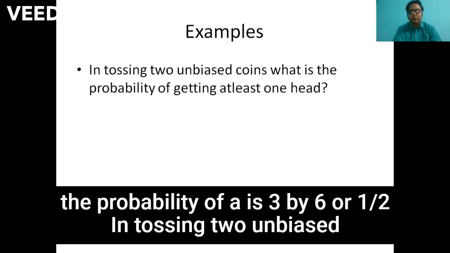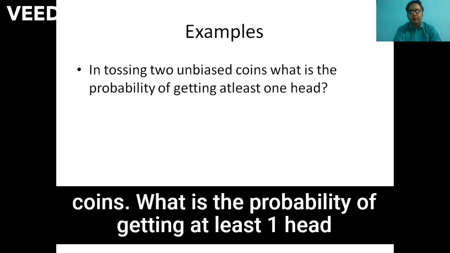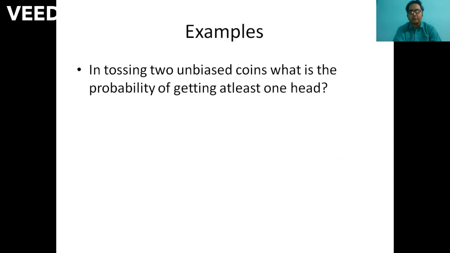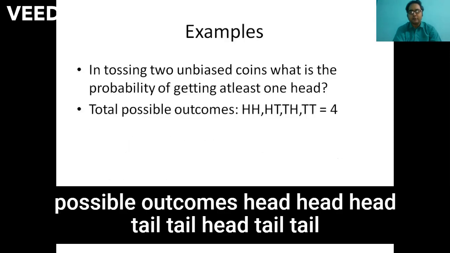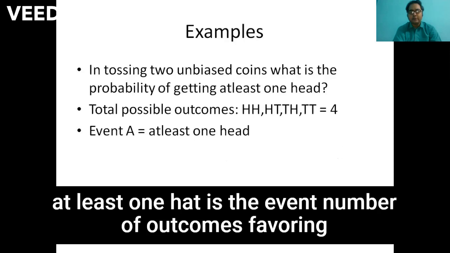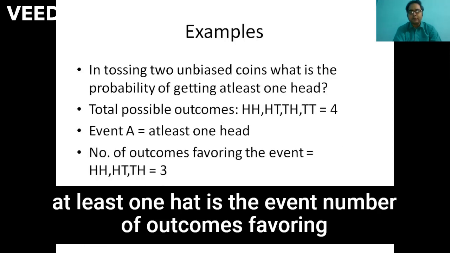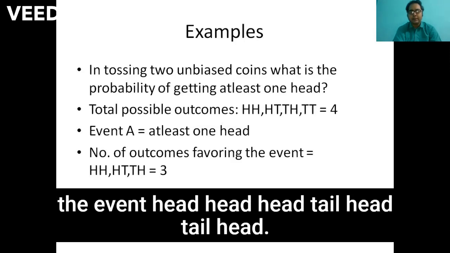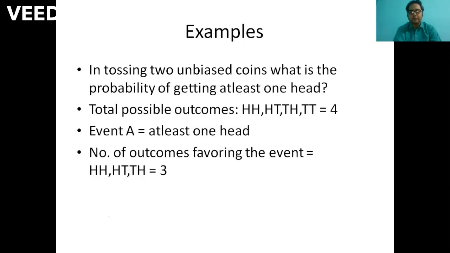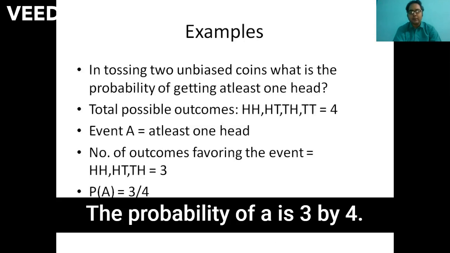In tossing two unbiased coins, what is the probability of getting at least one head? Possible outcomes: head, head; head, tail; tail, head; tail, tail. At least one head is the event. Outcomes favoring the event: head, head; head, tail; and tail, head. There are 3 outcomes favoring the event. So probability of A is 3 by 4.